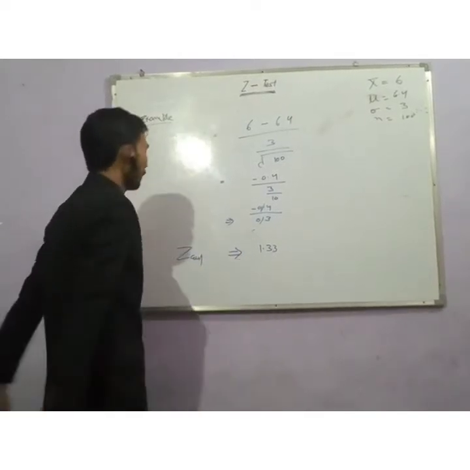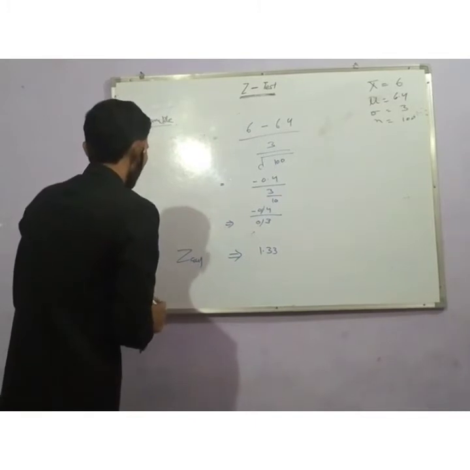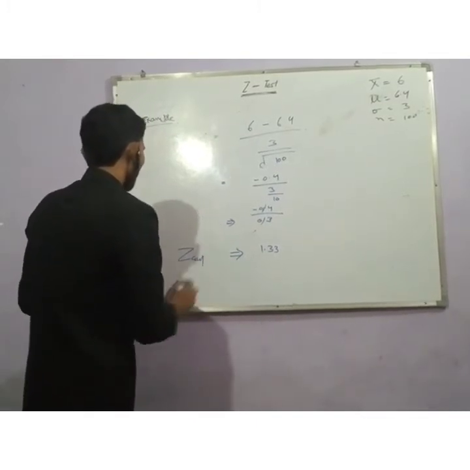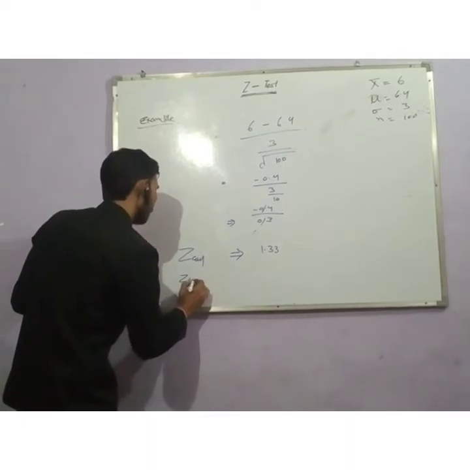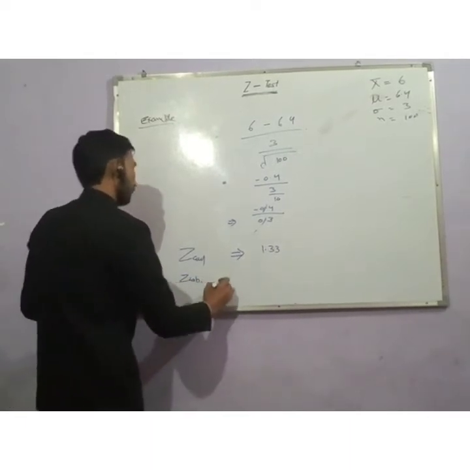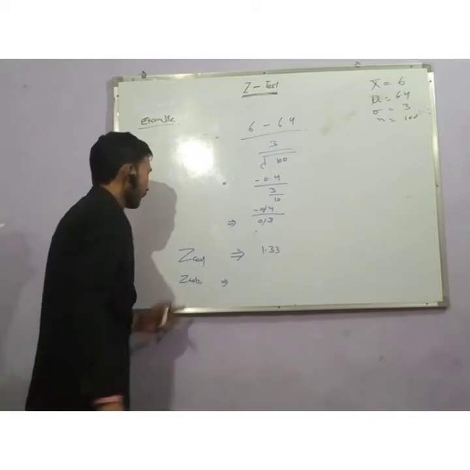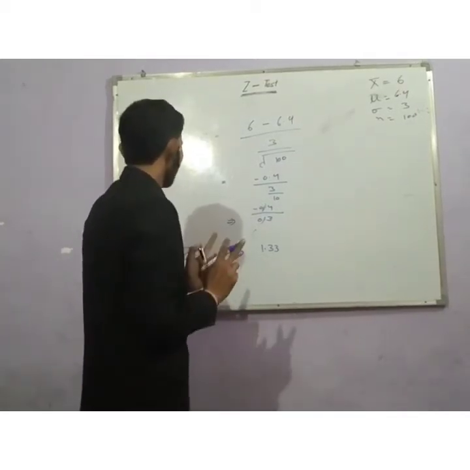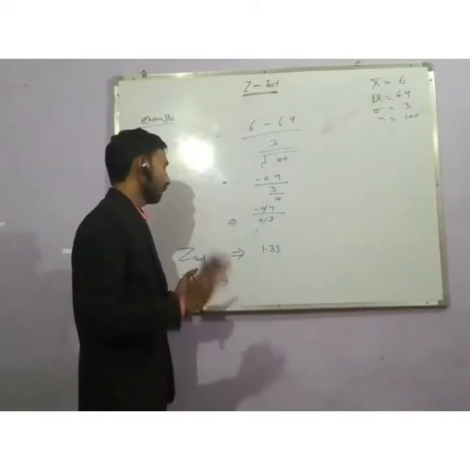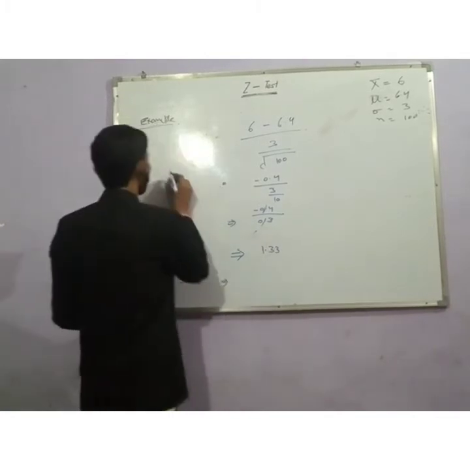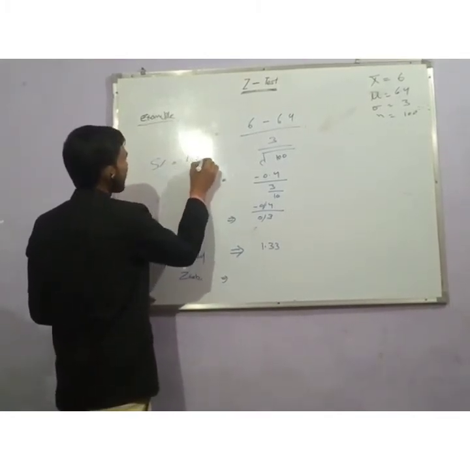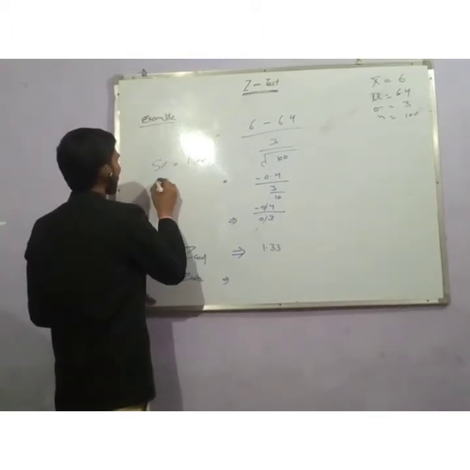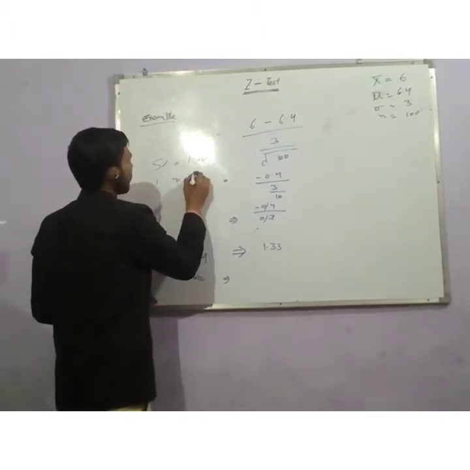Okay, now the next step is: what is Z tabulated? Z tabulated value in the Z test, at 5% level of significance is 1.96, and at 1% it is 3.